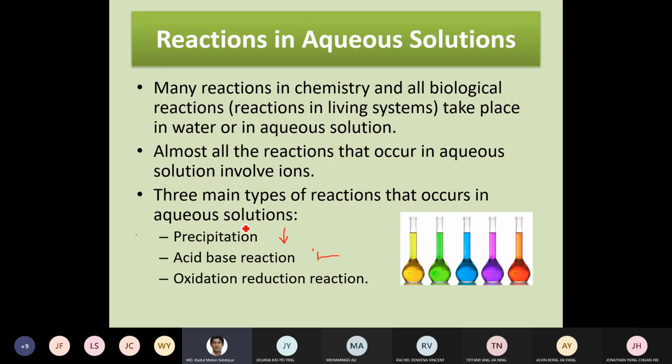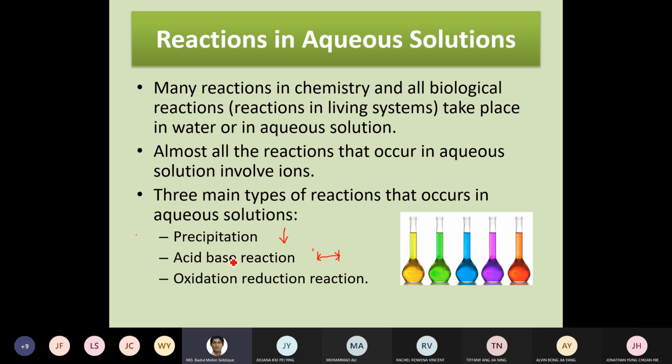Both of the solutions will be neutralized at some point, and there will be no acid or base, so pH will be around 7. And oxidation-reduction reaction, where one compound involved in the reaction will be oxidized and another will be reduced.